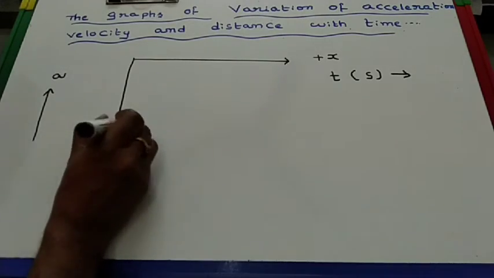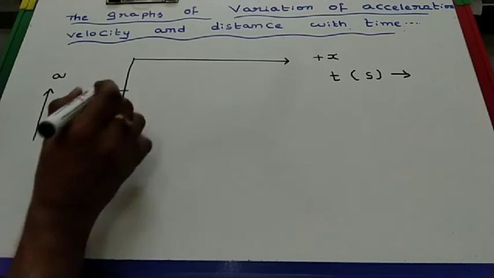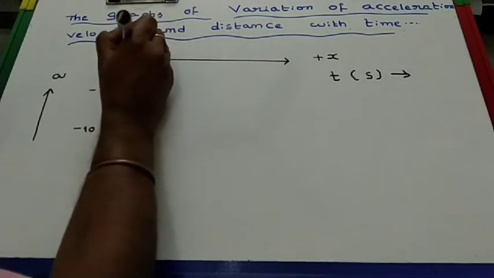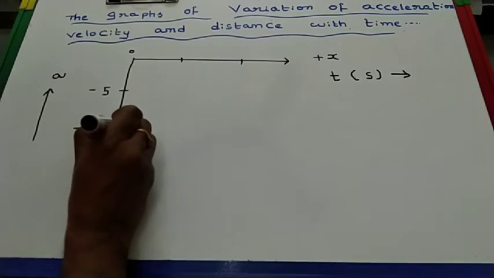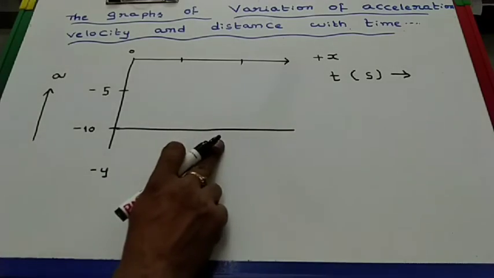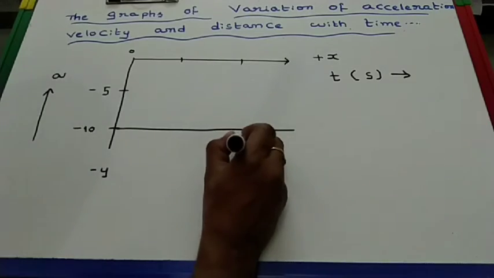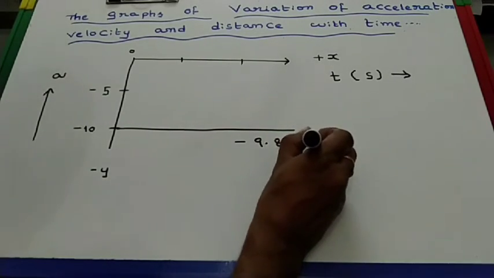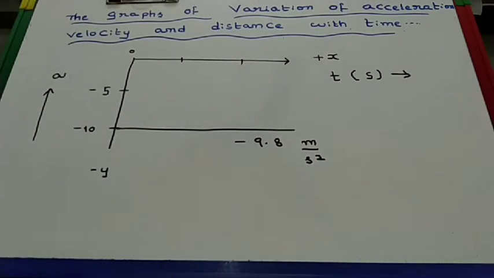Consider here is -10, here is -5, 0 origin. Suppose I draw a straight line which is parallel to positive x-axis. Now consider it is -9.8 meter per second square. What does this graph show?